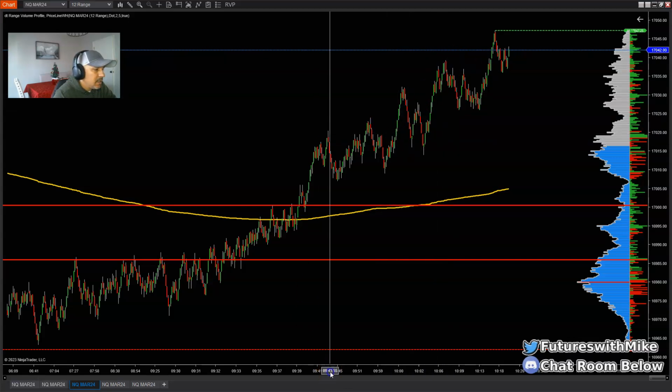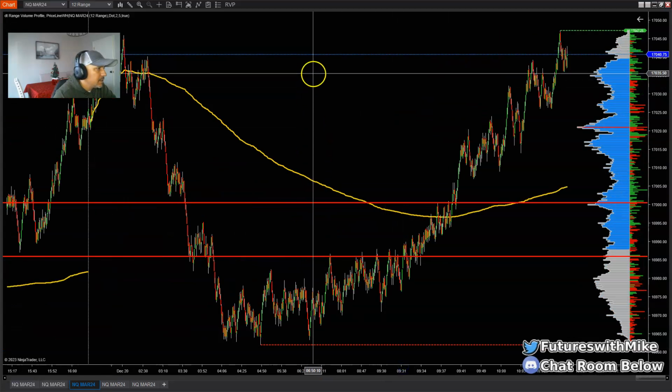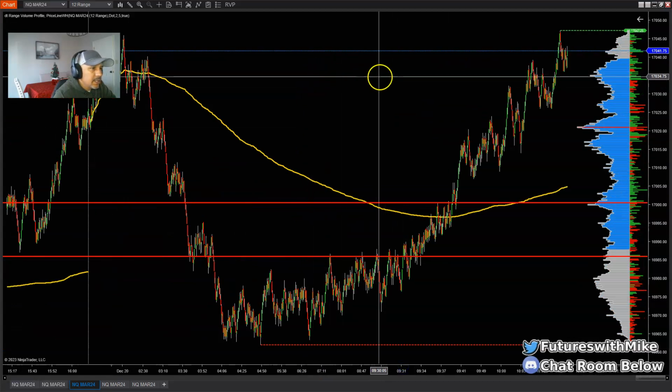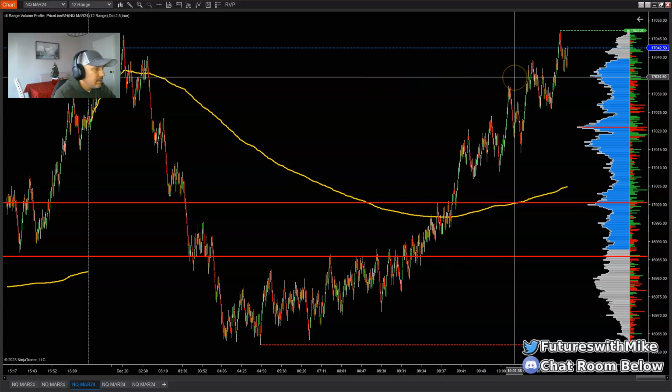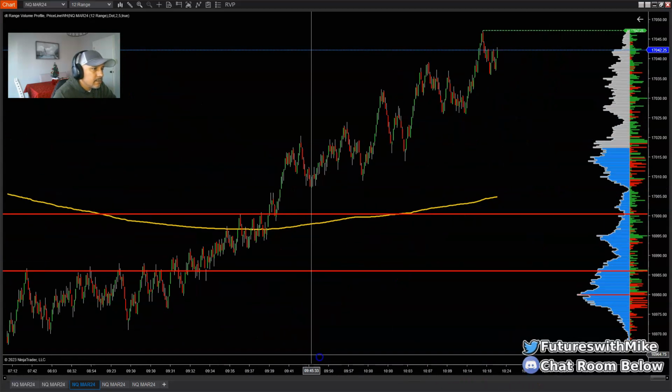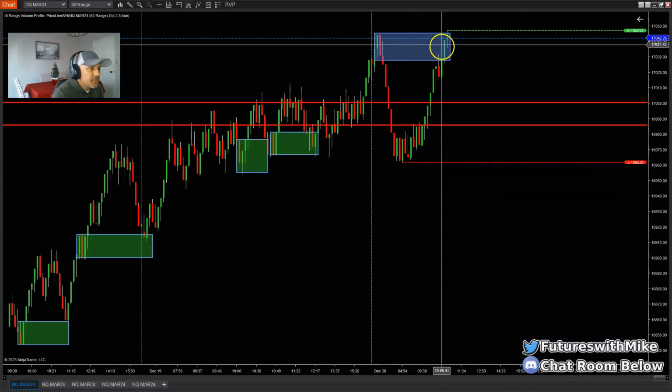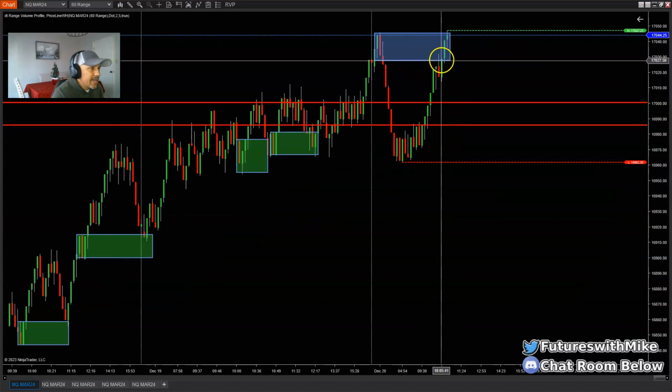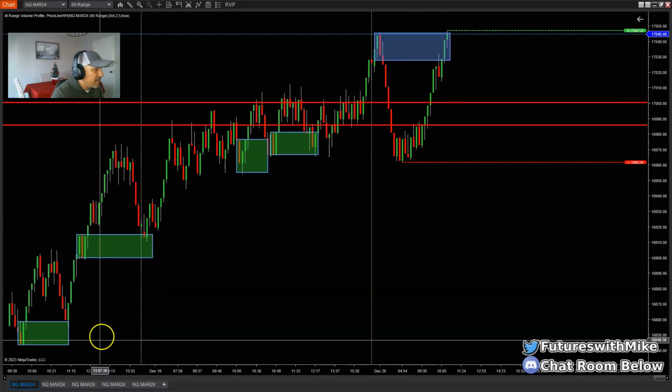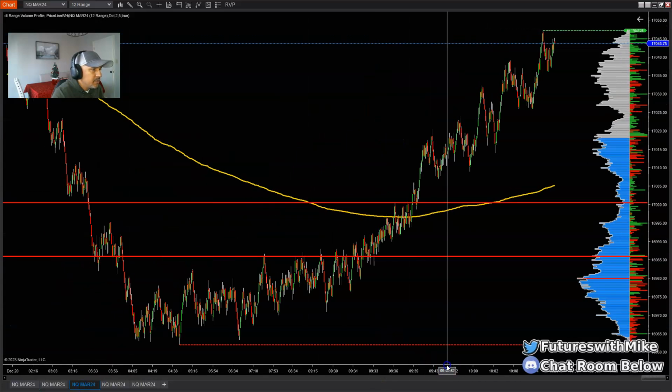So let's see. Came back up here. Okay, so you could have taken a trade when it rejected and pulled back. There was an area where it came up to right here.